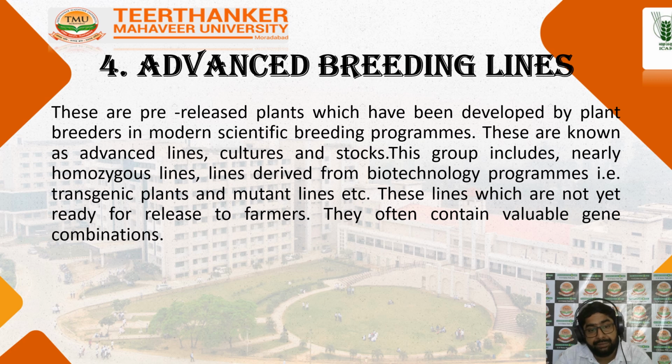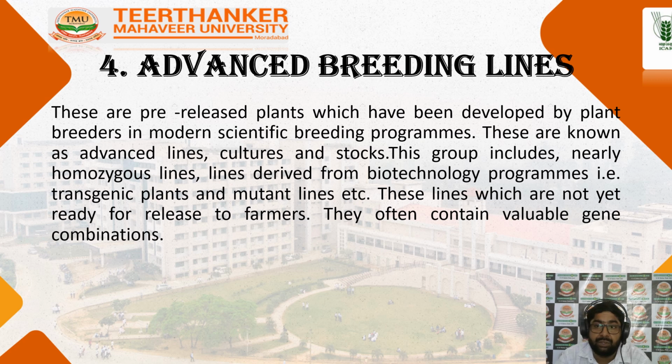And number four, advanced breeding lines. These are pre-release varieties. They are pre-release material of crop plants which have been developed by plant breeders in modern scientific breeding programs. These are known as advanced lines, cultivars and stocks.